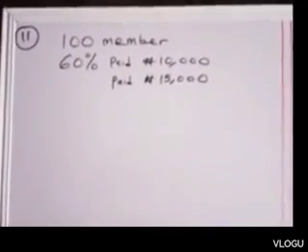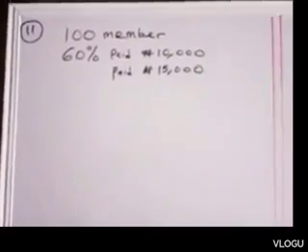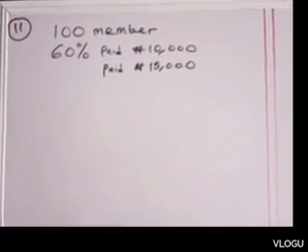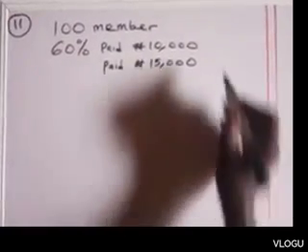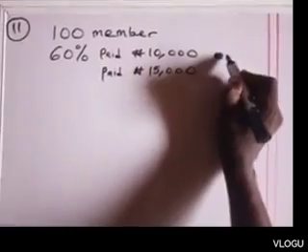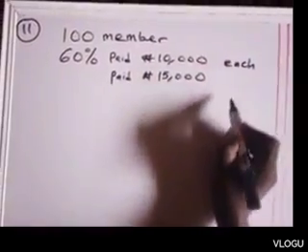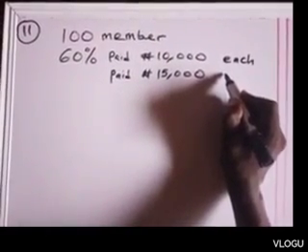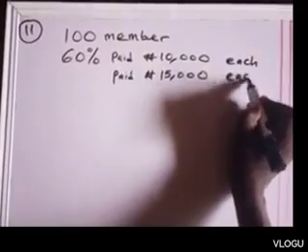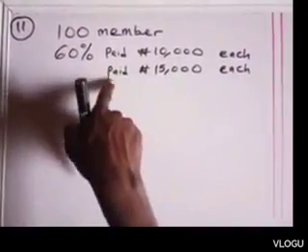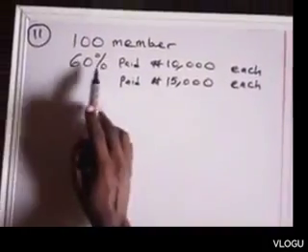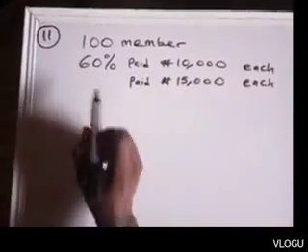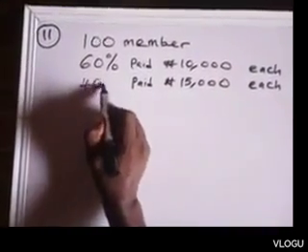Okay, I'll explain the question again. In a society of 100 members, 60% of the members paid 10,000 naira each. And the remaining percentage of the 100 members paid 15,000 naira each. The question is so straightforward. Out of 100%, if you take away 60%, we are left with 40%.